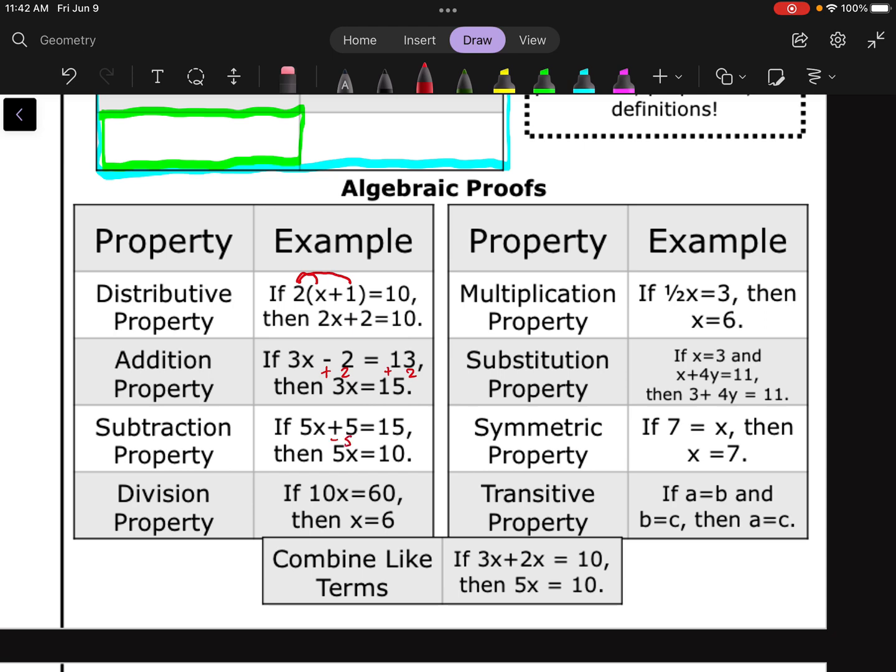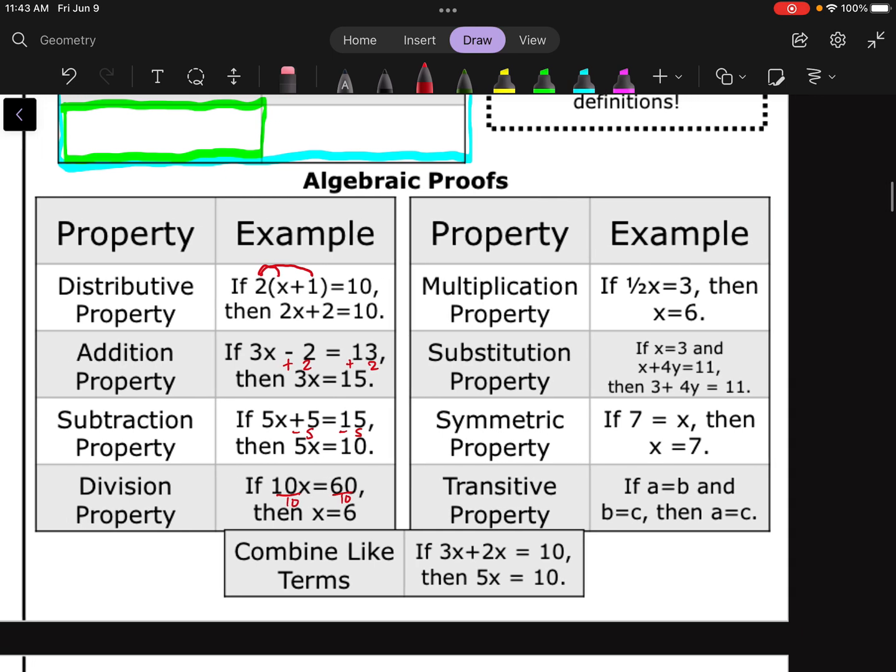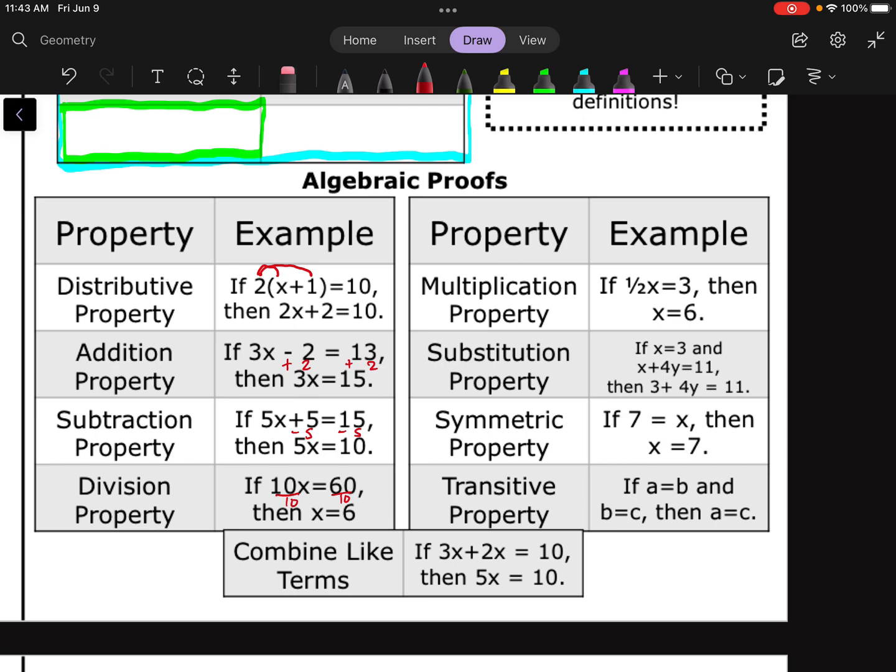If 5x plus 5 equals 15, then we could subtract 5 from both sides to get down to 5x equals 10. So we can use the subtraction property. Division property, we could divide both sides by 10 to get down to x equals 6. Multiplication property, if 1/2 x equals 3, then x equals 6, right? That would be by multiplying both sides by 2 to get rid of that 1/2.